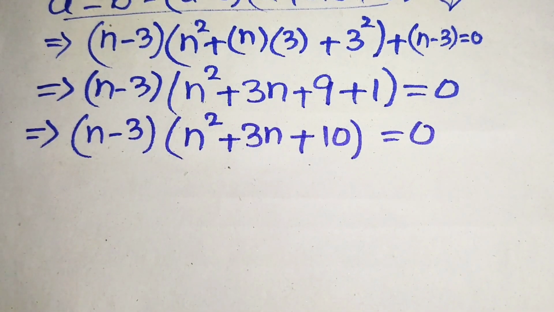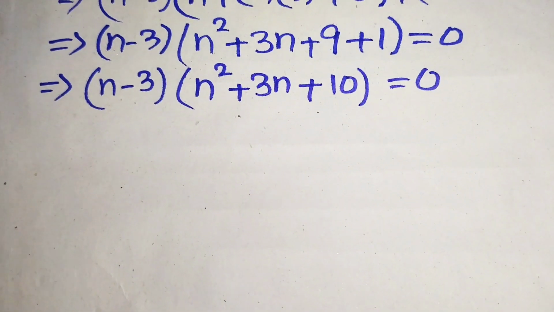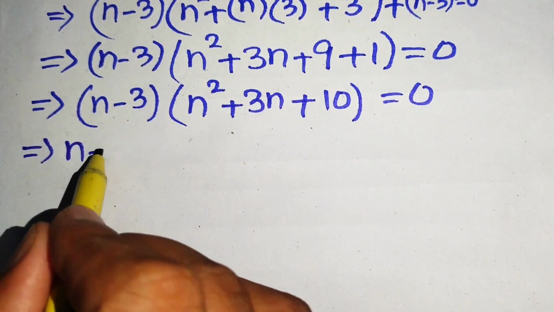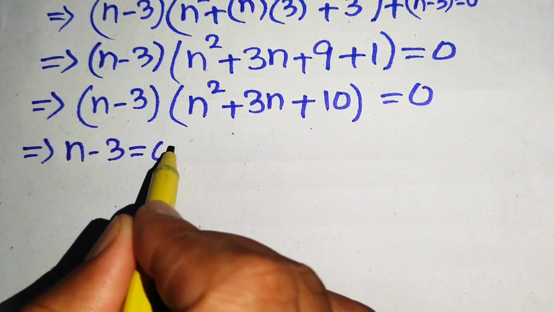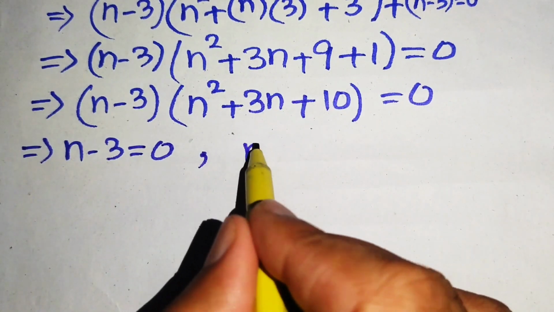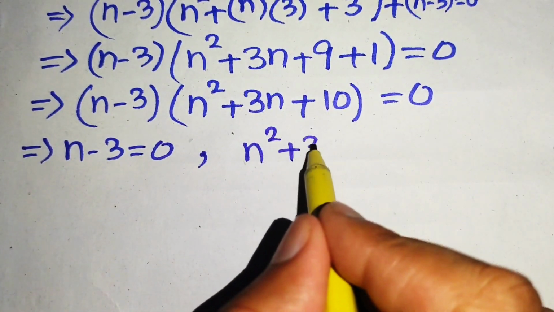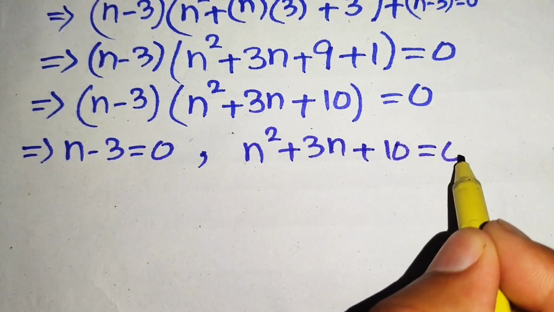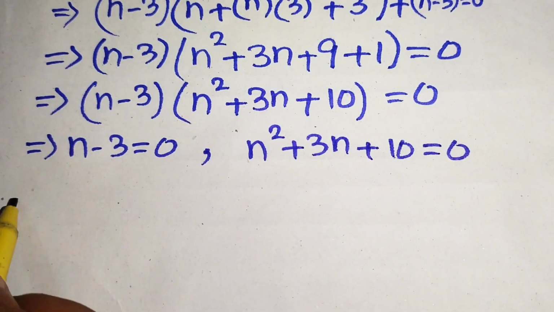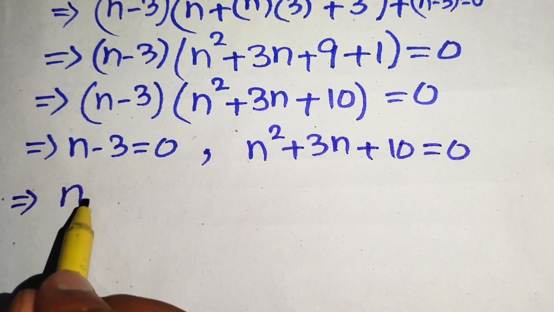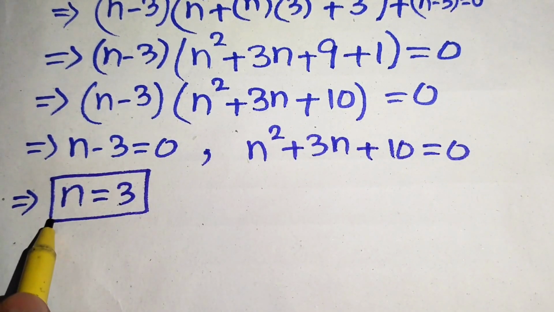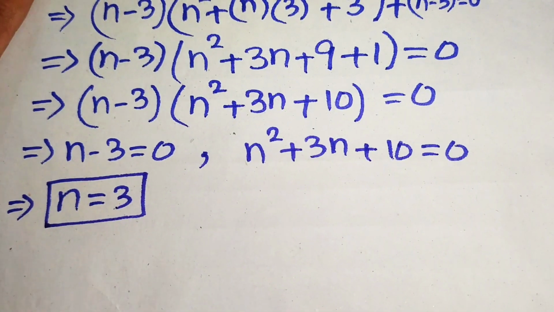In the next step we have two cases. The first case is n minus 3 equals 0, and the second case is n square plus 3n plus 10 equals 0. In the first case we easily get the value of n equals 3. So this is our first real root of this question.